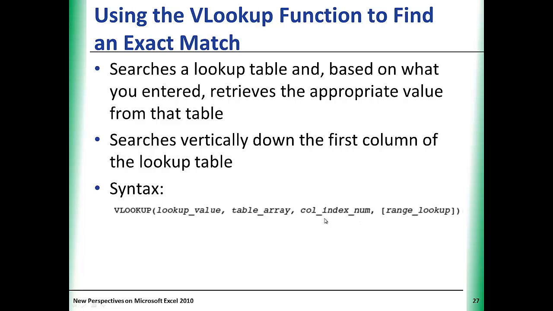The column index number refers to the column where the information that you want to pull from the lookup table is stored. And the last argument, range lookup, refers to whether you want an exact match or an approximate match.